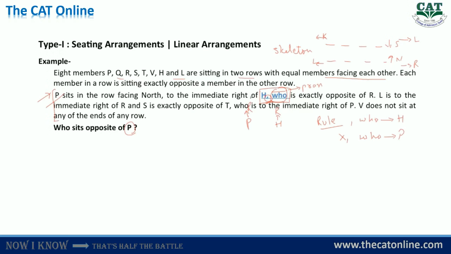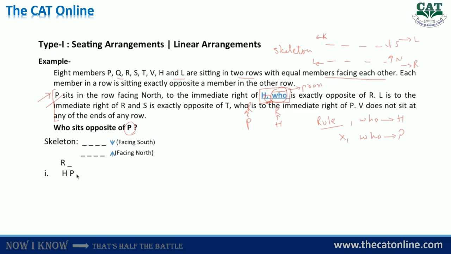Alright, so let's proceed towards this question. P sits in the row facing north to the immediate right of H, who is exactly opposite of R. So you make your skeleton. There are 4 people facing south, 4 people facing north, and what else you get over here? You have R, H and P. So P sits in the row facing north.